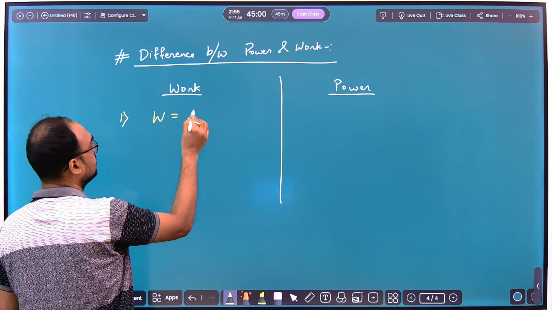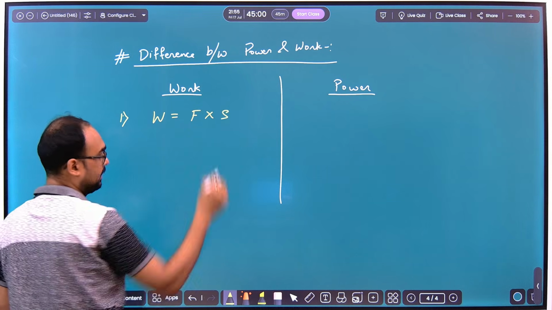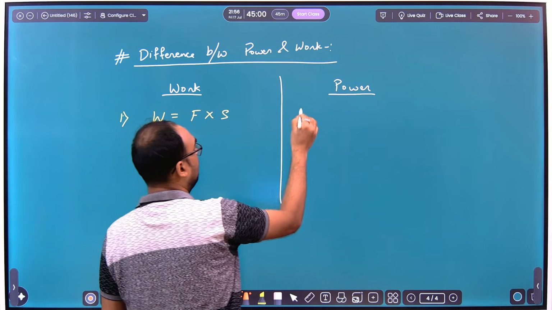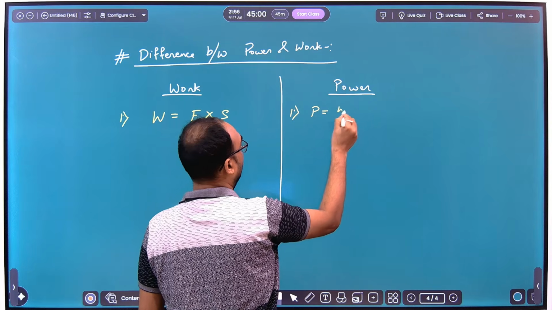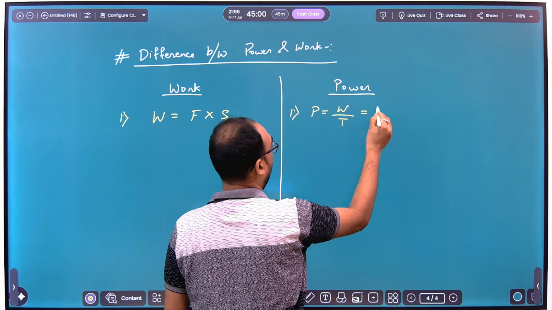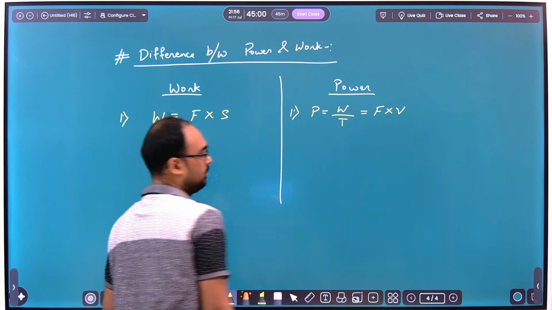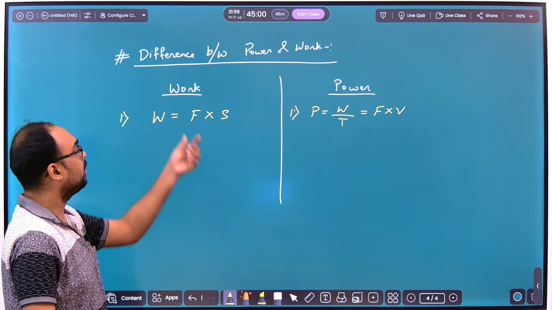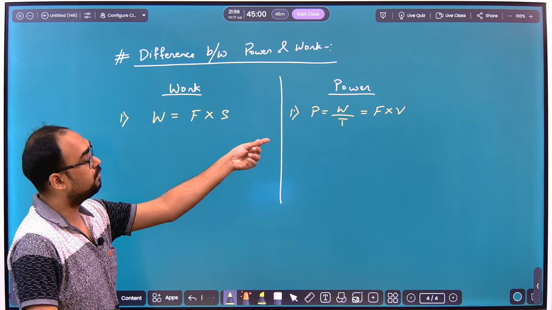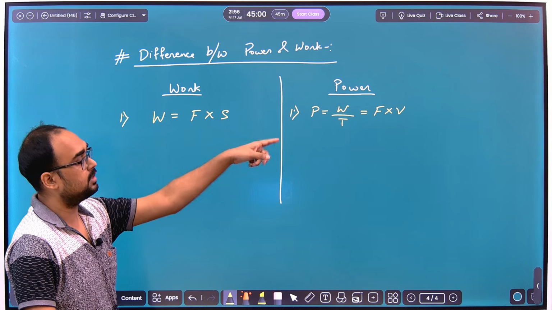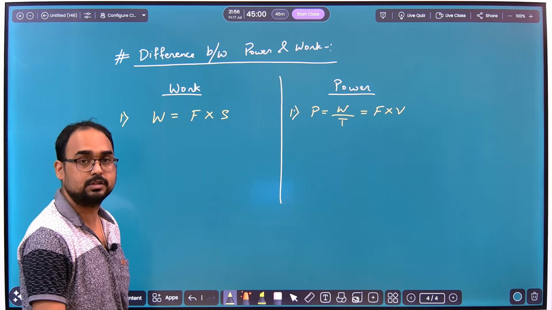Work done's formula is force into displacement, whereas power's formula is work done by time or force into velocity. So you can say that the formula of work done is force into displacement, and the formula of power is force into velocity.